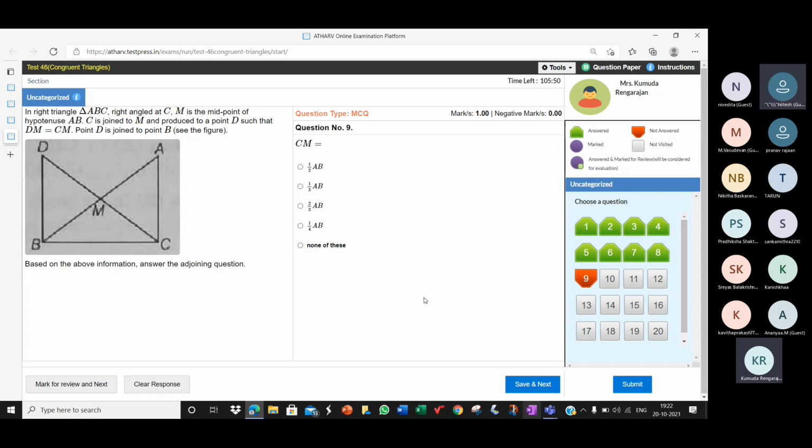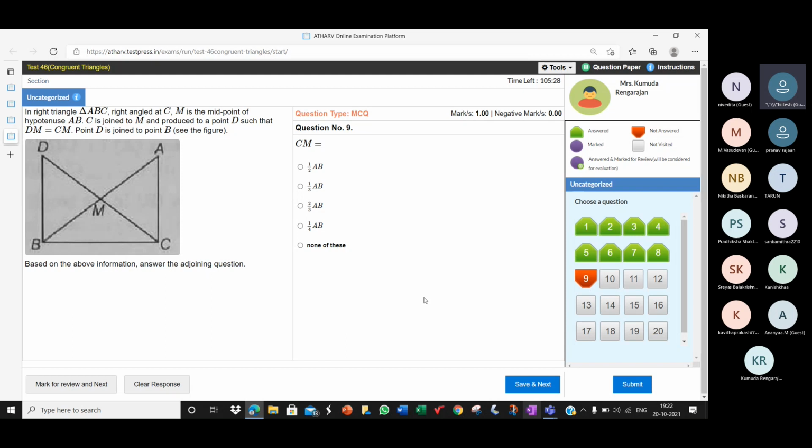Please justify your answer. By CPCT, if we prove that triangle DBC is congruent to ACB, we know that side DC is equal to AB.